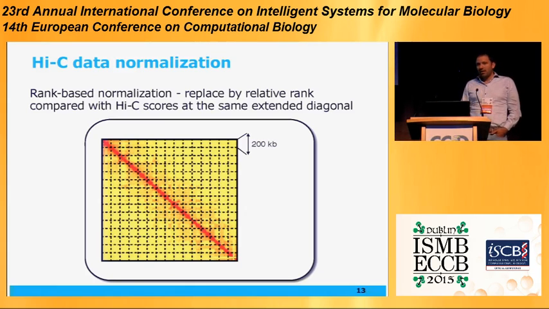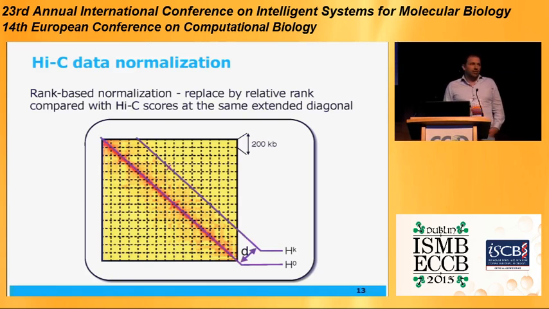For any entry in this matrix, we replace it by its rank relative to the superdiagonal on which it occurs. These superdiagonals represent the Hi-C scores for bins that are a certain distance d apart from each other. By replacing it with its rank relative to this superdiagonal, we take into account the distribution of Hi-C scores of two bins that are a distance d apart.